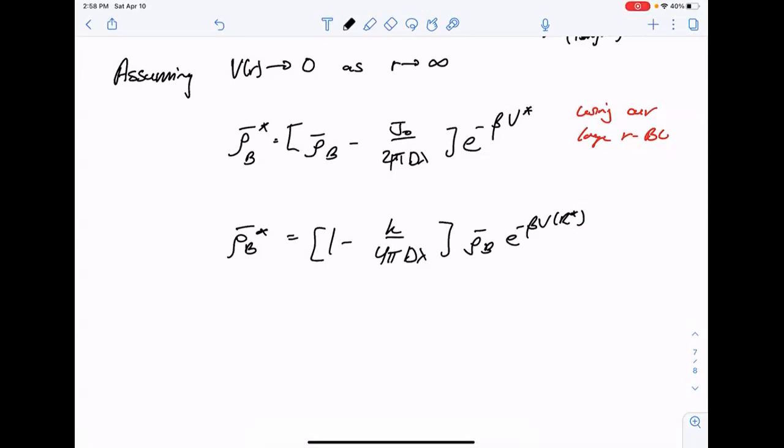That's the concentration of B at R star at steady state.